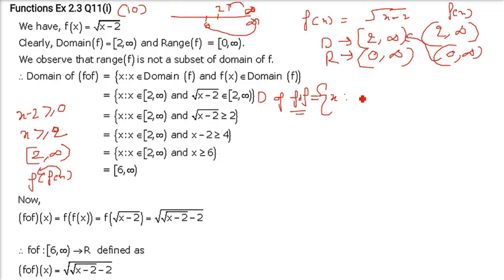So the domain of fof is x such that x belongs to the domain of f, and f(x) belongs to the domain of f. I hope you got the idea. X and f(x) should both belong to the domain of f.